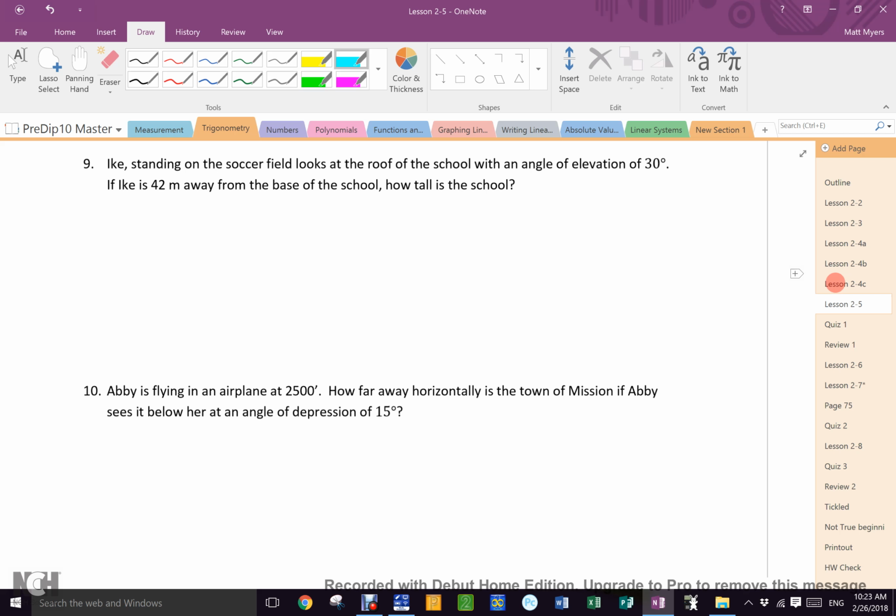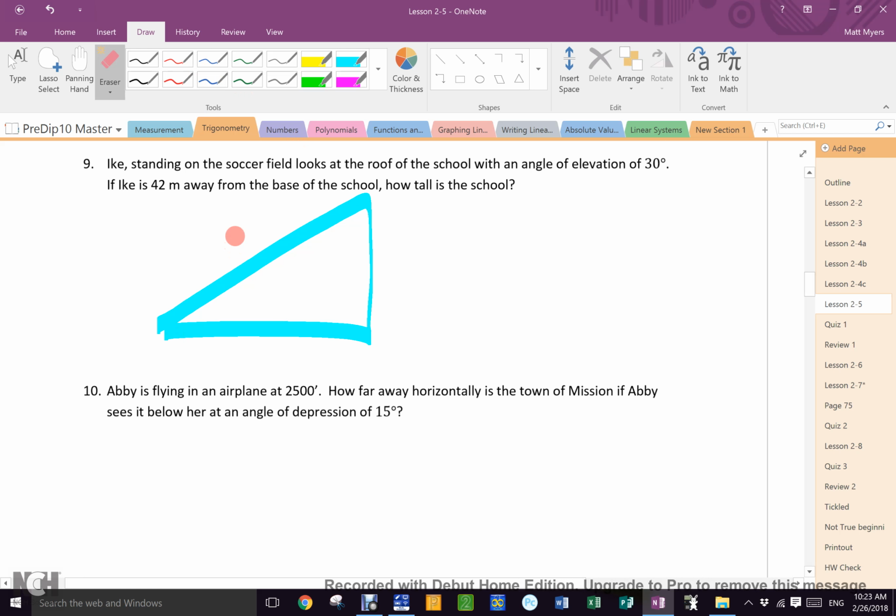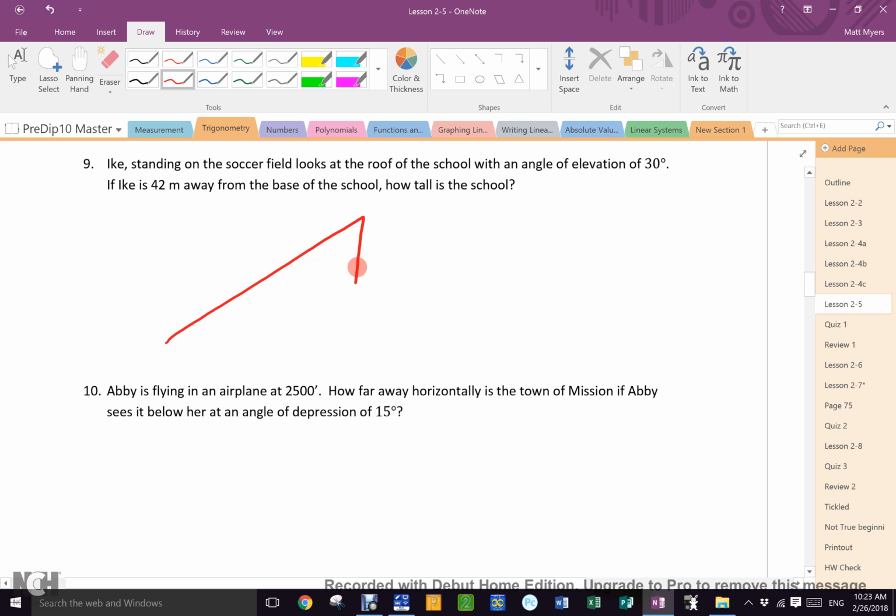Does it have to be to scale? No, it just has to be a triangle. It doesn't even matter. Do you need to get out your ruler and your protractor and make sure that it is exactly 90 degrees? No. You know that that's the 90 degrees.